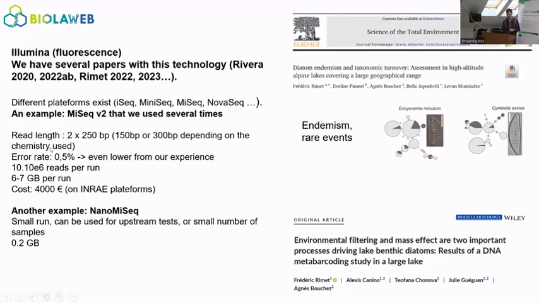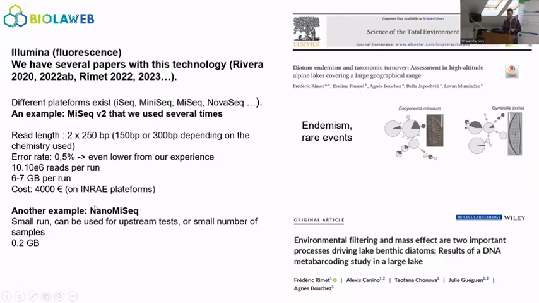Another example, Nano MiSeq. So when you see the different names here, for instance, NovaSeq is giving a very high amount of reads. I don't remember, but it's much higher than 10 million, but with a smaller stretch, I think it's 150 base pairs.